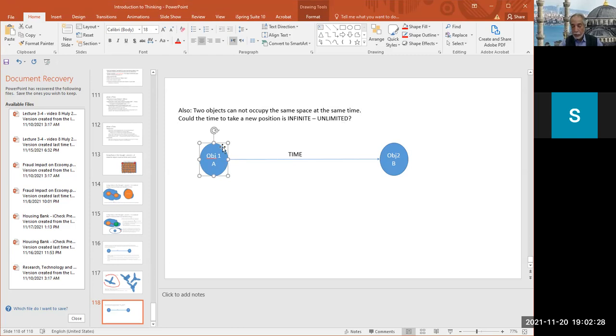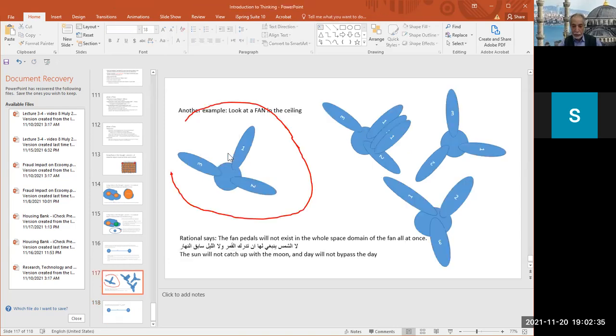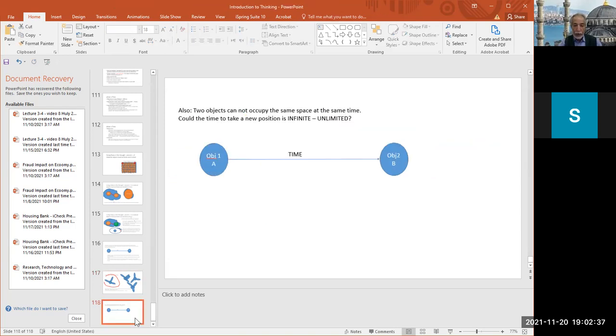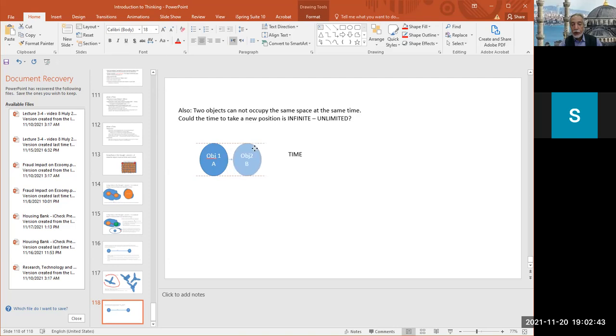That's a bit more tedious question, but nevertheless, we can make it clear. If this object moves from position A to position B, here it's taking limited time. If it stays here, then I can measure the time if I observe it, or I can realize that there was a time difference.